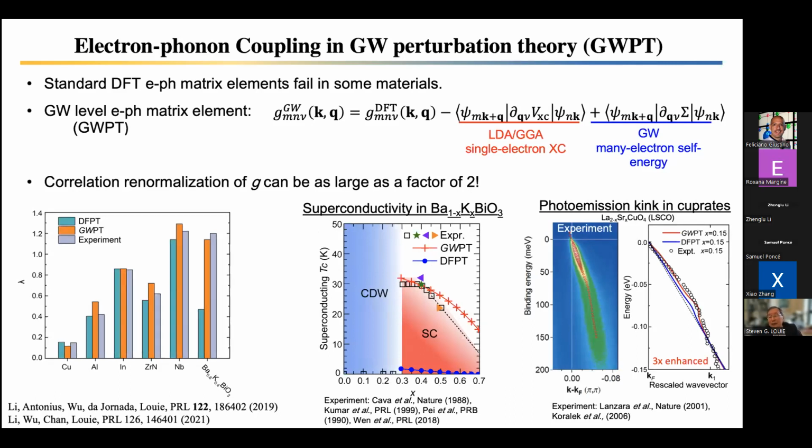For example, we were able to explain the phonon dispersion kink in the cuprates, and that kink is completely underestimated within DFPT, but can now be explained quite well by a GWPT approach.